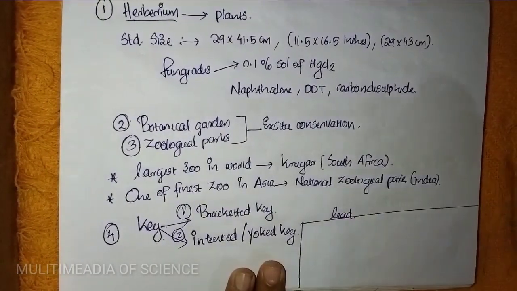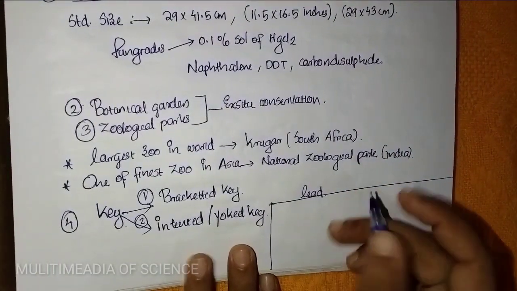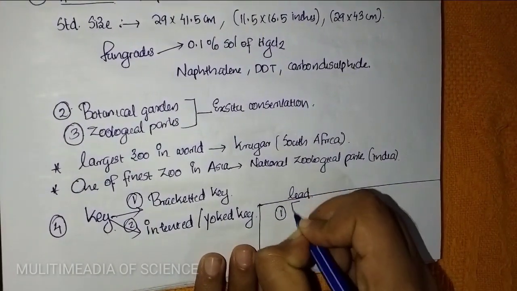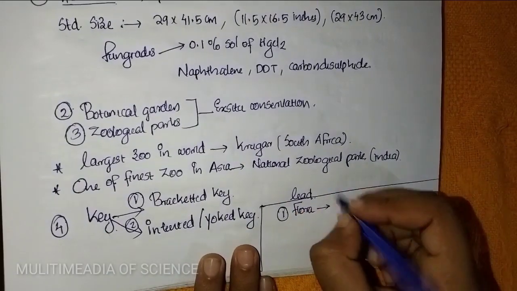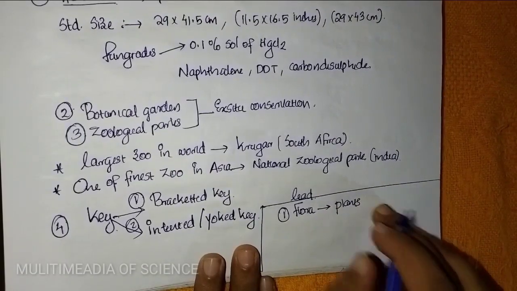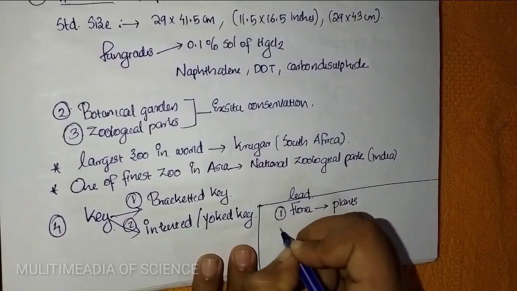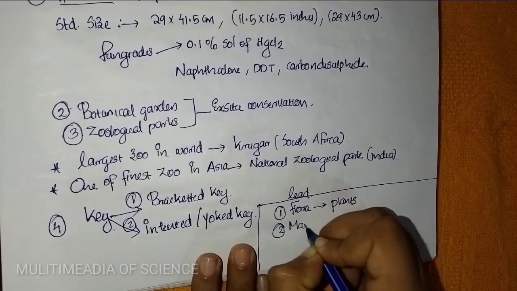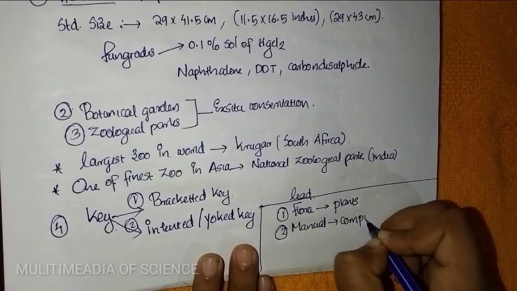To memorize them, there is an easy way, which I will explain here. The first one is flora. If they are talking about flora, there should be the word plant. When we talk about plants, 90% of the time it should be flora. The second one is manual. Manual is about compiled information.